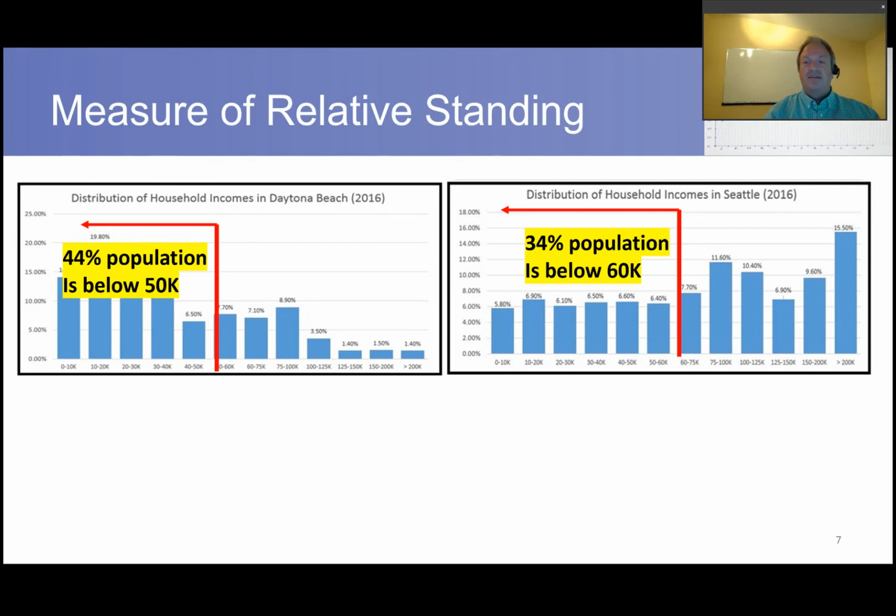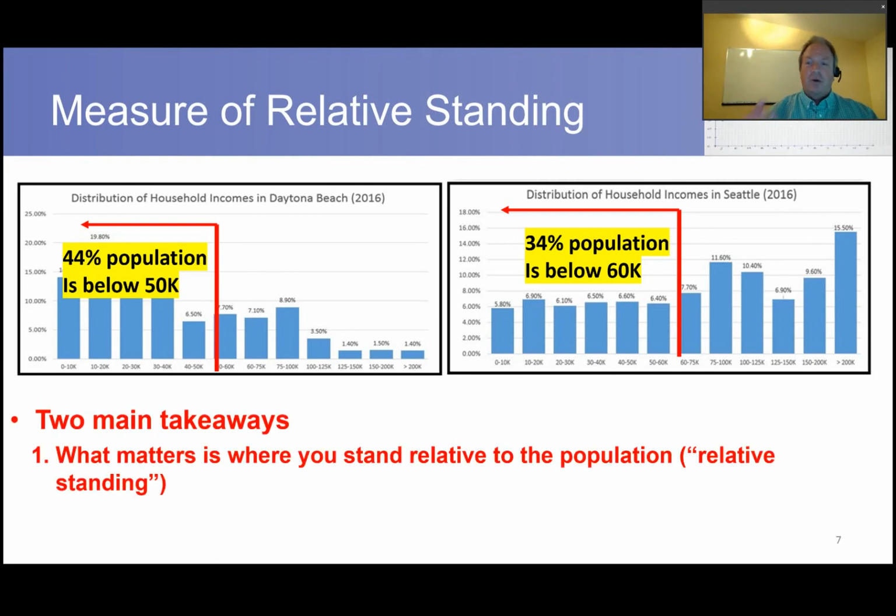Now we can easily determine which job offer is better, because we see that what really matters is not the absolute value of the variable. Obviously 60,000 is greater than 50,000, but what matters is where that value stands relative to the rest of the population.